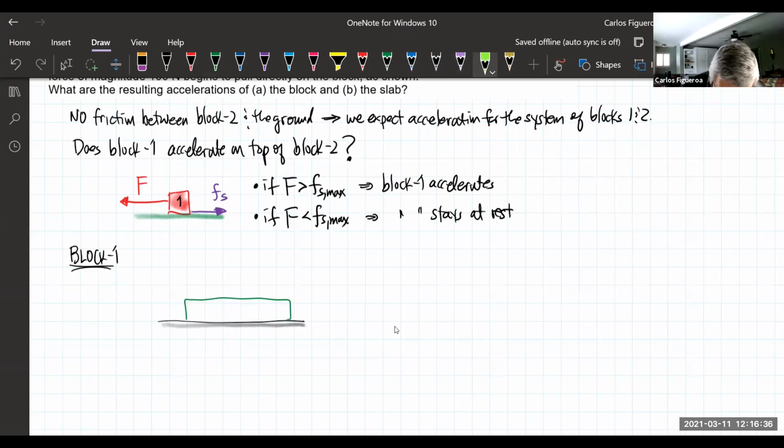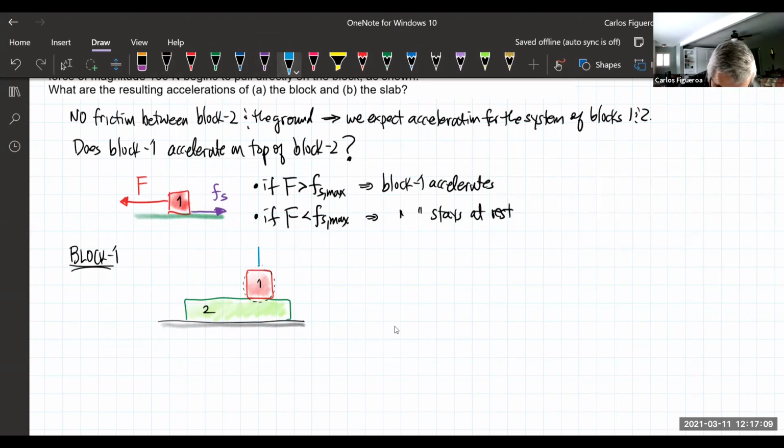And so when I'm looking at the slab here, I know that I have my block here that's experiencing a force. So when I'm looking at this guy, what am I seeing here? Well, I'm going to draw my free body diagram, and I know that this is 2, this is 1, but we're only focusing on 1 right here. So here we go. I know that there's going to be 2 forces here vertically.